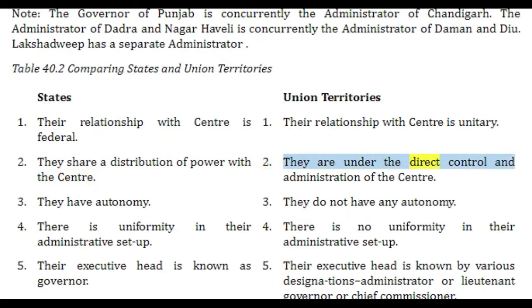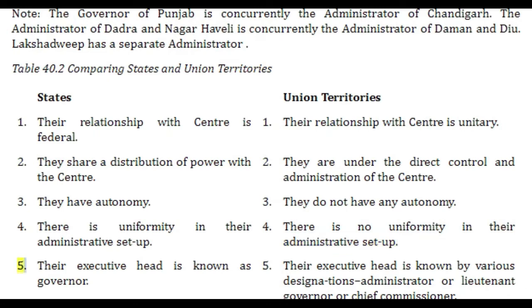They are under the direct control and administration of the center. 3. They have autonomy. 3. They do not have any autonomy. 4. There is uniformity in their administrative setup. 4. There is no uniformity in their administrative setup.